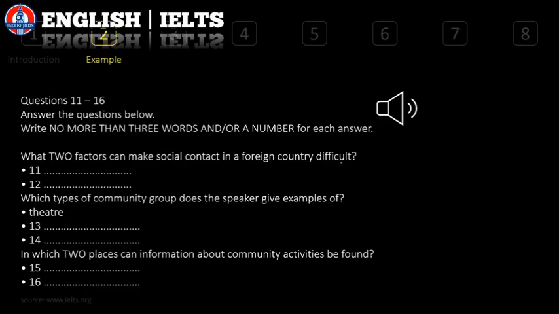You will hear an extract from a talk given to a group who are going to stay in the UK. Good evening and welcome to the British Council. My name is John Parker and I've been asked to talk to you briefly about certain aspects of life in the UK before you actually go there. So I'm going to talk first about the best ways of making social contacts there.